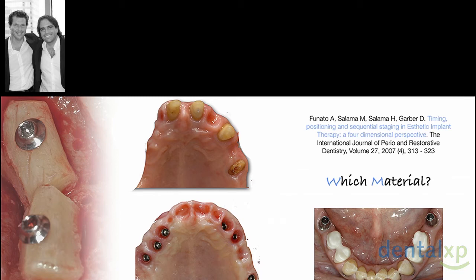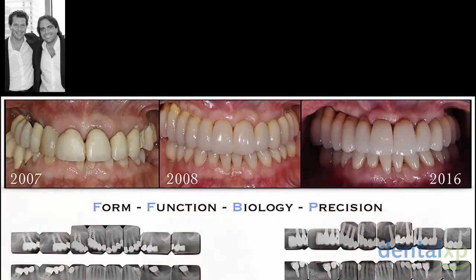Variables that are sometimes leading us to choose different materials in the same case. So for this specific patient, a PFM full arch on implants was chosen in the upper, and a combination of feldspathic veneers and zirconia layered crowns in the lower.